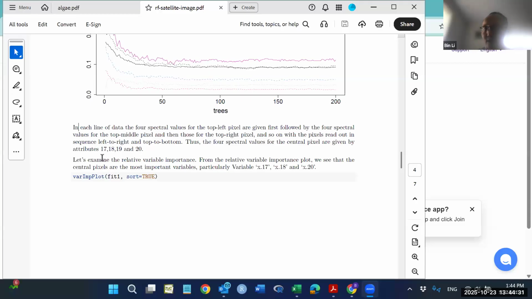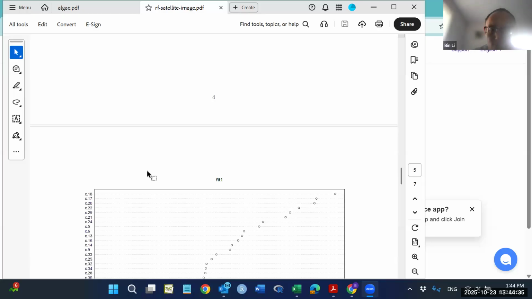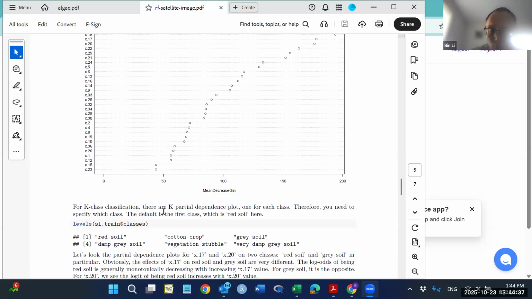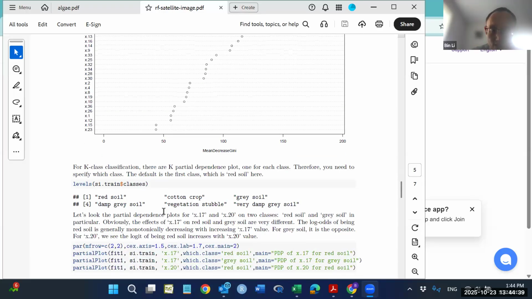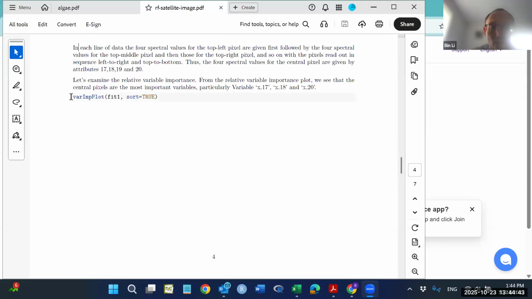Okay, then let's see the variable importance. In R, in the random forest, we can easily get the variable importance through varImpPlot, the variable importance plot.